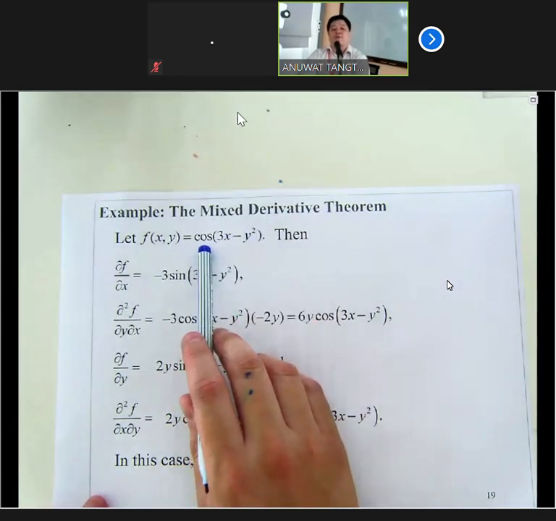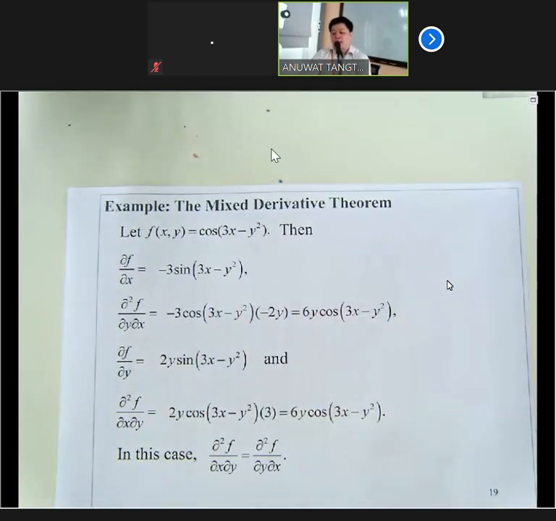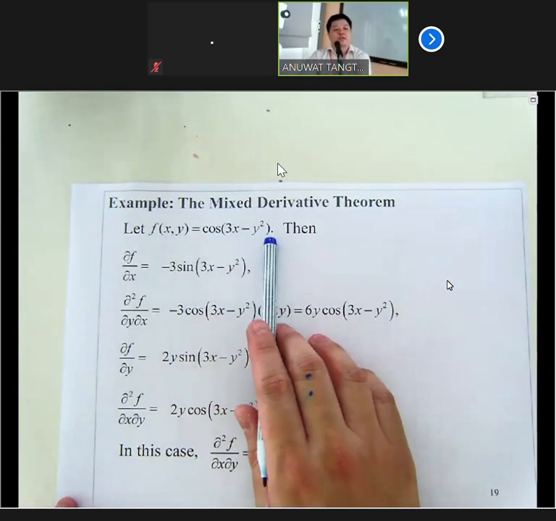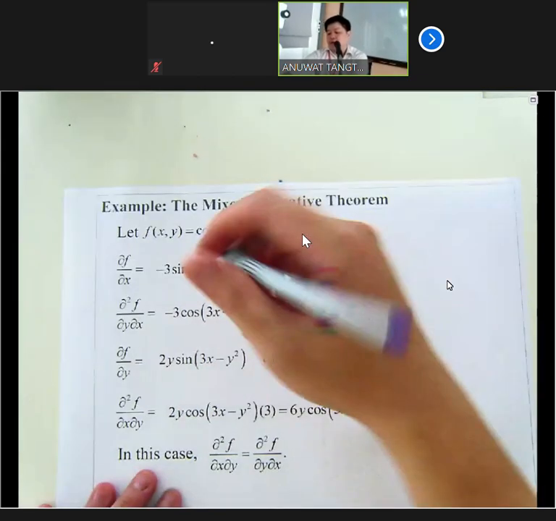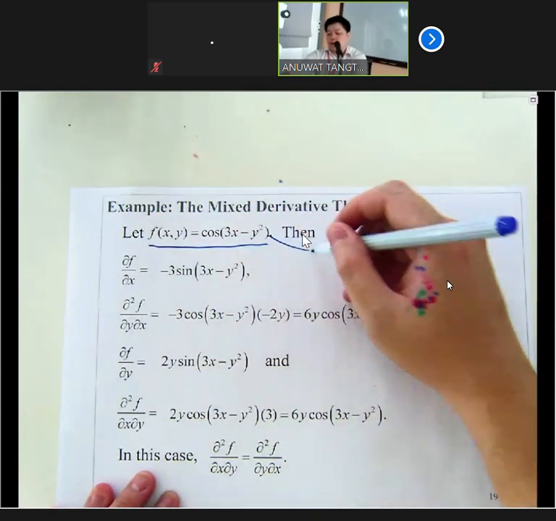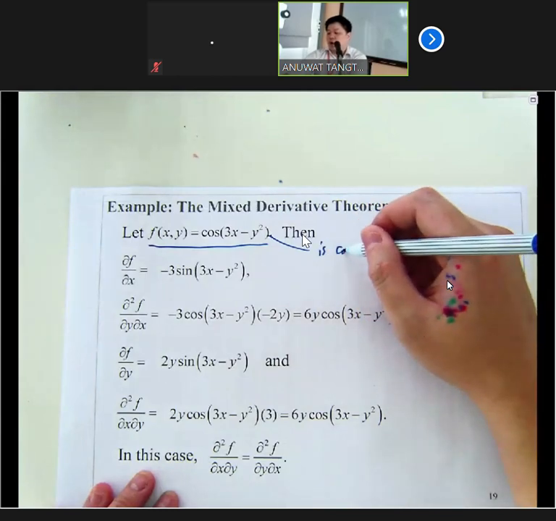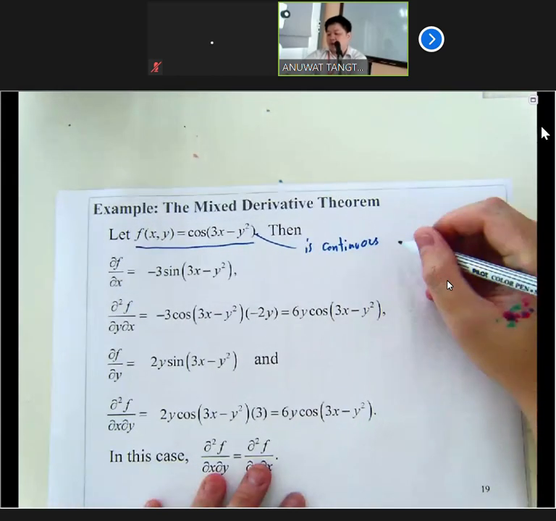And the cosine is a continuous function. When we do the composite of them, the composite of two continuous functions would be continuous. So this function is continuous at all points, in fact, at all points x, y in R2.